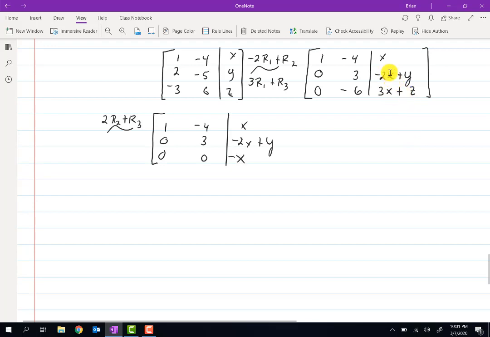Then 2y plus no y will be 2y, and z plus z. Let me just make sure of that. 2 times this would be negative 4x plus 2y, and adding to that gives negative x plus 2y plus z.